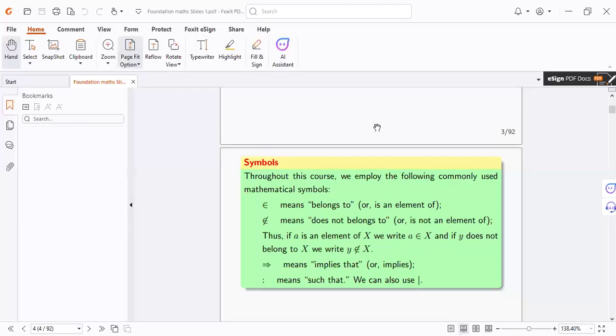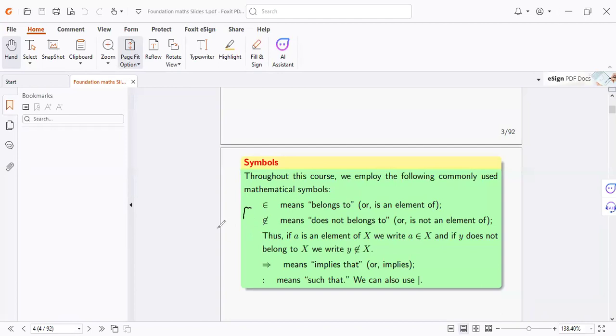Yes. So the symbols that I will be looking at are the ones I've put here. This first symbol here means belongs to. Most of them you are familiar with.